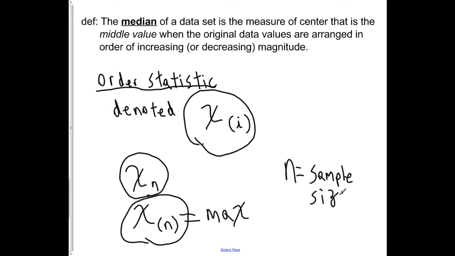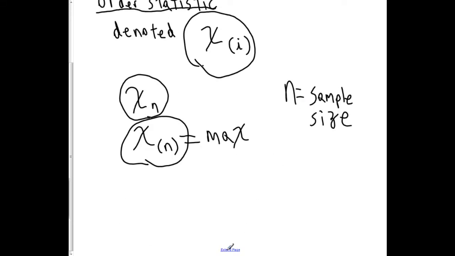Once we've arranged our data in ascending order so that we have these order statistics, the next step is this. We take the sample size n and divide it by 2 to tell where the middle of our data set is. We want to find the middle value, so all we have to do is divide n by 2.